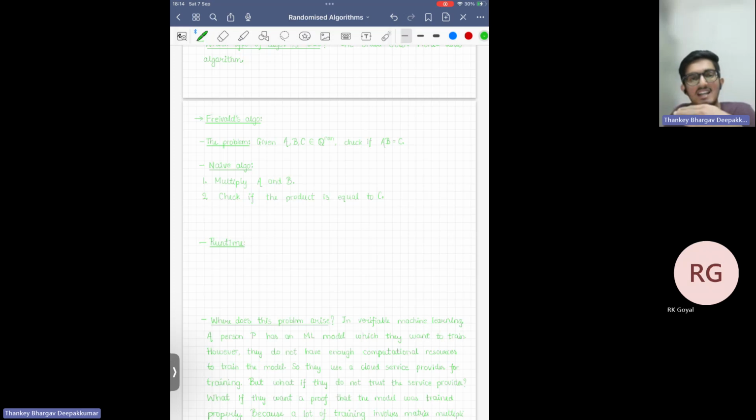But in the worst case, the last entry would be different, and everything else would be the same. Yes. So what's the runtime of this? Order n to the omega, where omega is the matrix multiplication exponent.